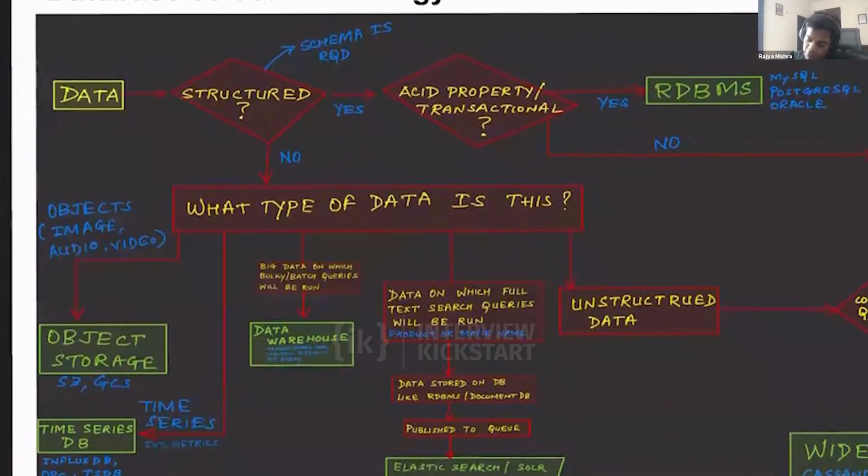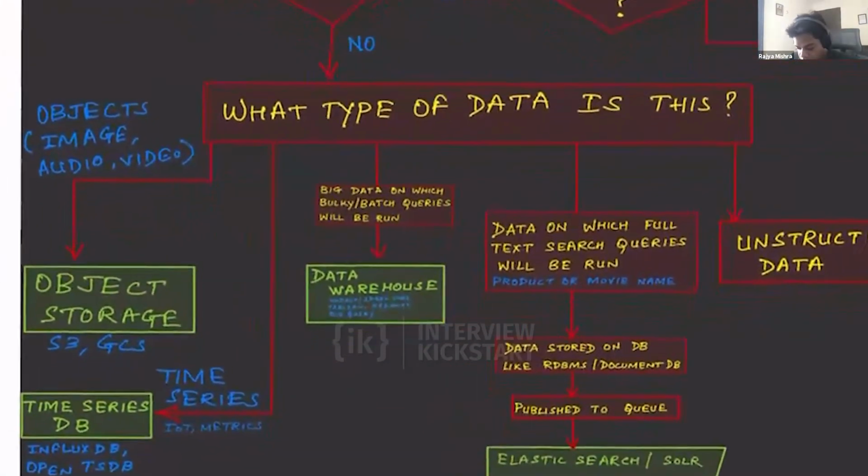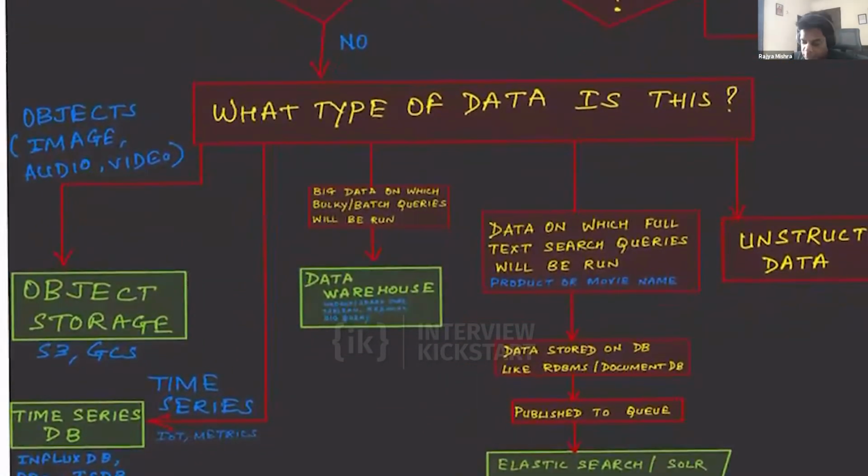Now say that my data does not need to have a tight schema. Right. Then you do a further deep dive. Like what kind of data is this actually? Let's say your data is in blob format.